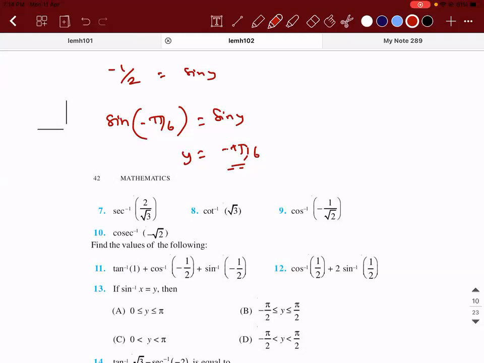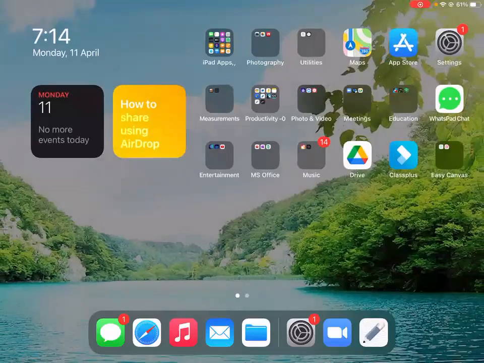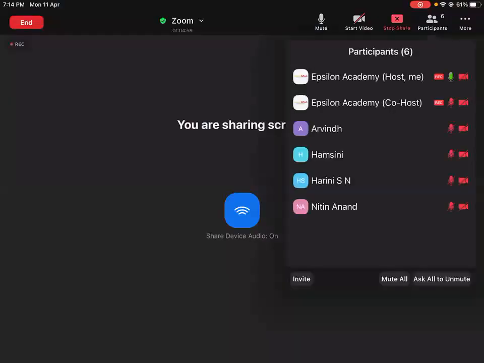Similarly, those who are online, is there anything that is not clear? Sir, I'm clear. Who was that? Nitin Anand, clear. What about Arvind? You're clear? Hamsini, you're clear?